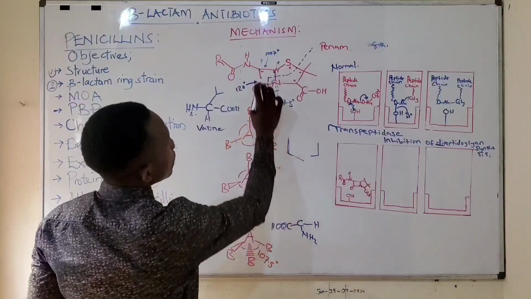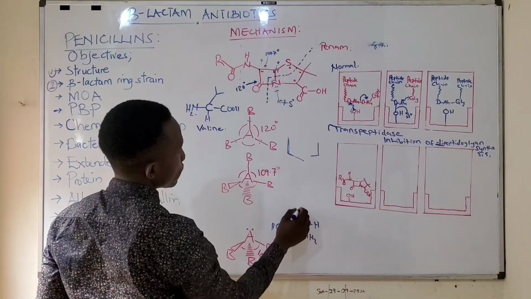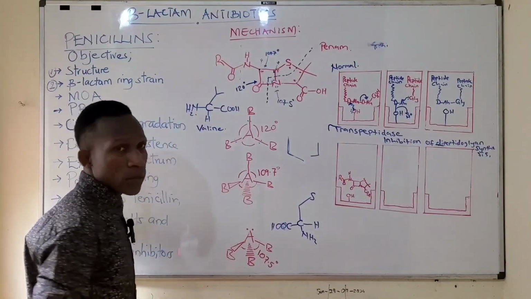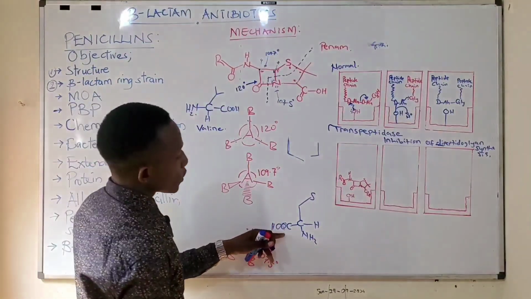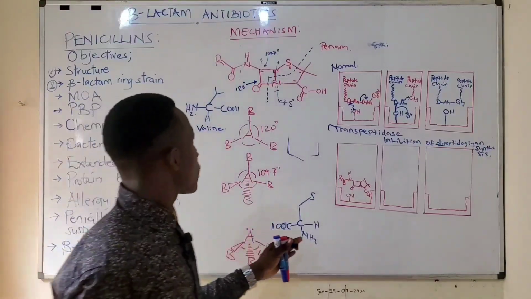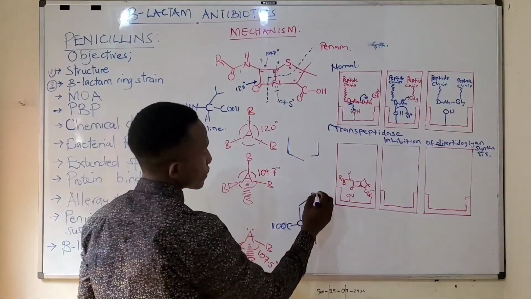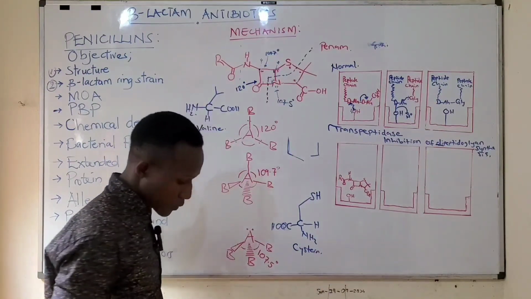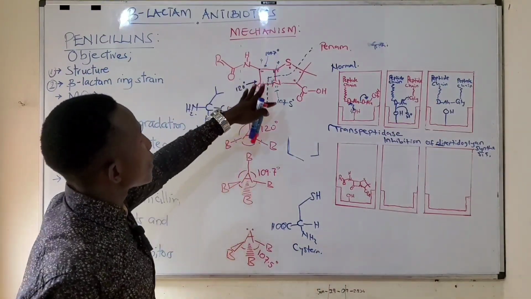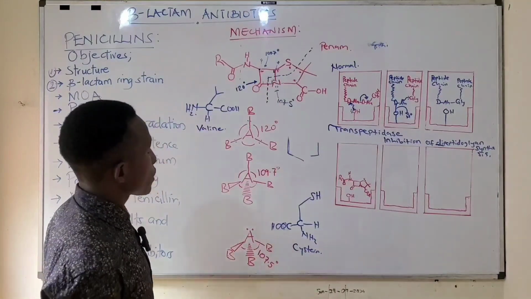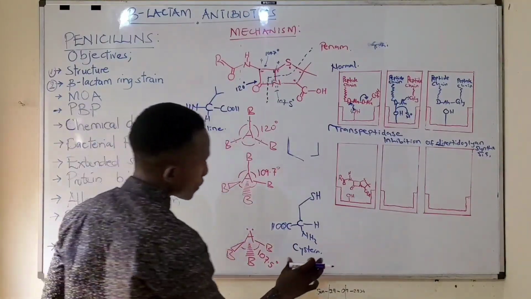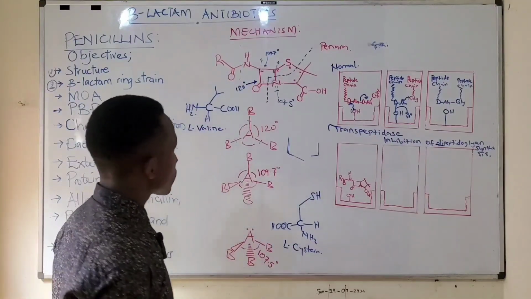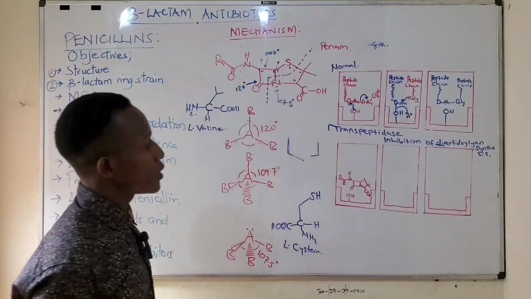Then there is this group. Then S. So this structure mimics the cysteine. This is cysteine. So this penicillin is from L-valine and L-cysteine. That's how we get the penicillin.